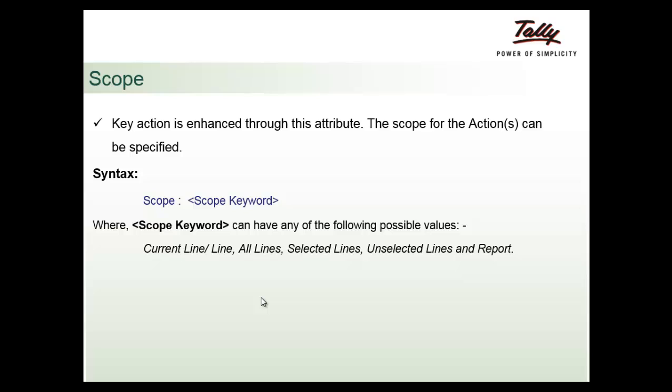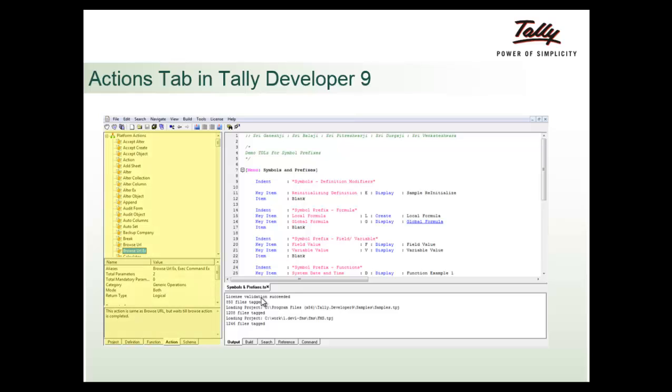When you're executing some action on a report from a key or button, you can set the scope of the action to current line, all lines, selected lines, unselected lines, and report. And then we saw that you can see the additional other actions available in Tally Developer 9 in the action tab.